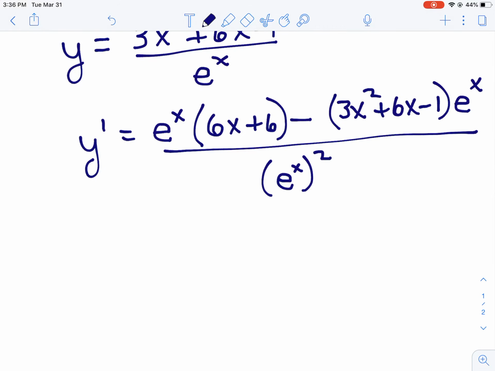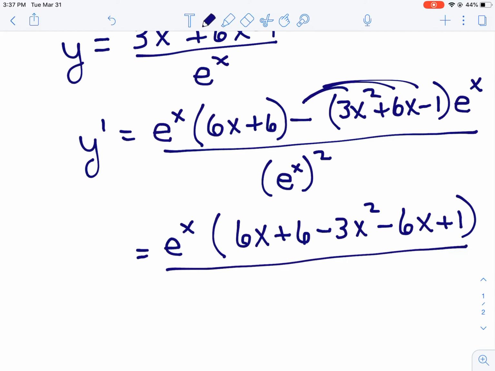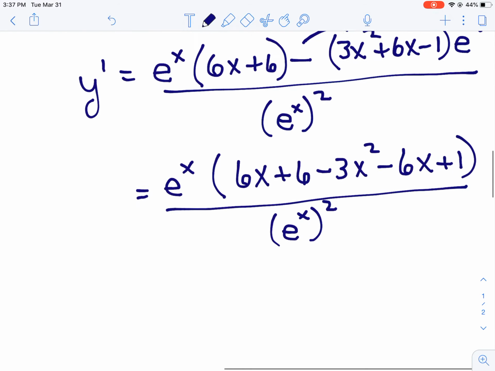All right, now I notice in the numerator that I have e to the x. So I'm going to factor out e to the x, and I'm going to be left with 6x plus 6, and now I'm going to distribute that minus sign. So minus 3x squared minus 6x plus 1 all over e to the x squared.